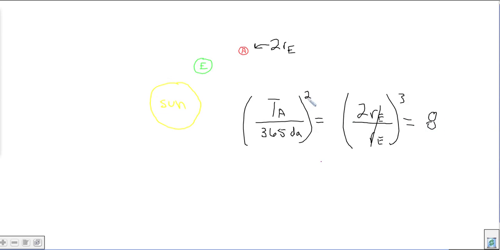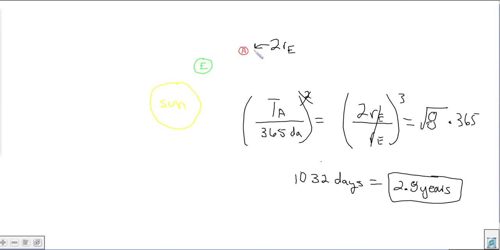To get rid of this square, I could take the square root of 8 and multiply that times 365, and that would give me the period of A. The square root of 8 times 365 gives about 1,032 days, or you could say 2.8 years. That's how long it would take for that asteroid to go around the sun.